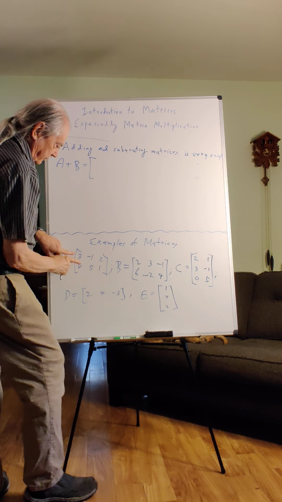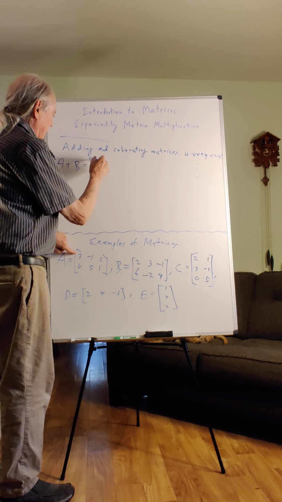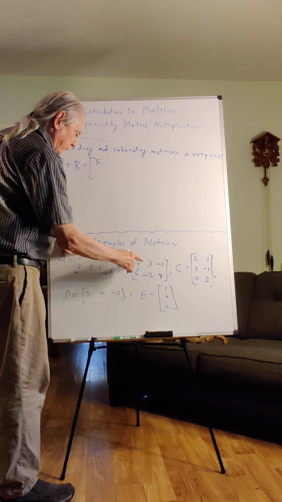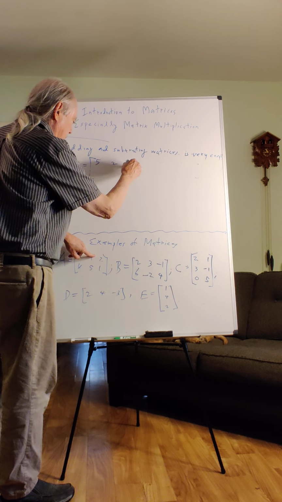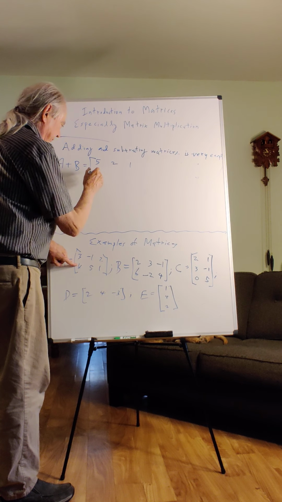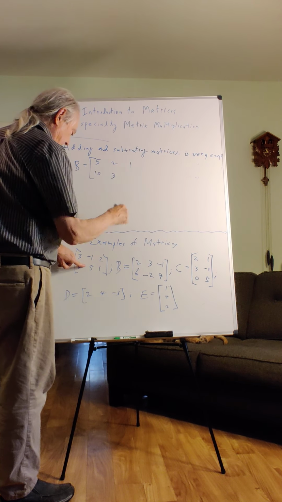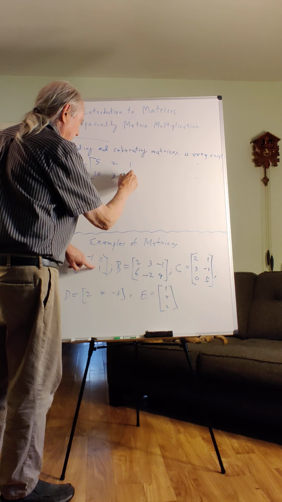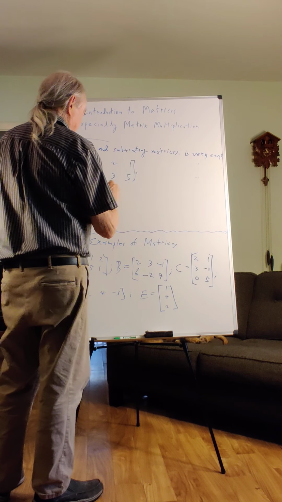Well, you just add the corresponding entries. 3 plus 2 is 5. Negative 1 plus 3 is 2. 2 minus 1 is 1. 4 and 6 are 10. 5 minus 2 is 3. And 1 and 4 are 5. Nothing to it.